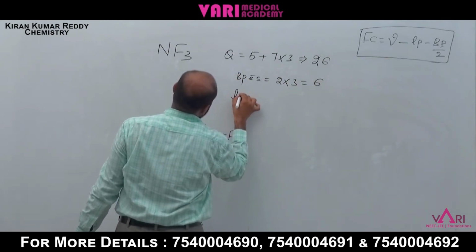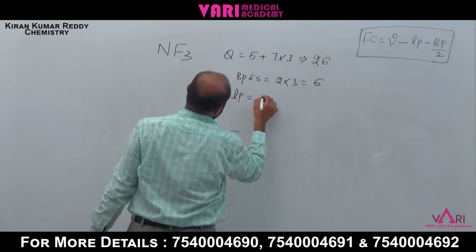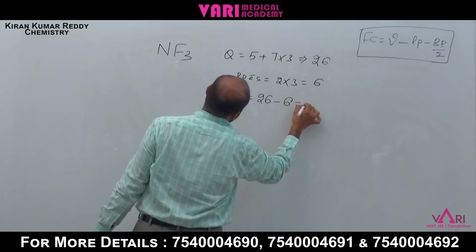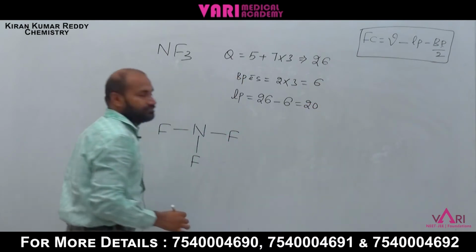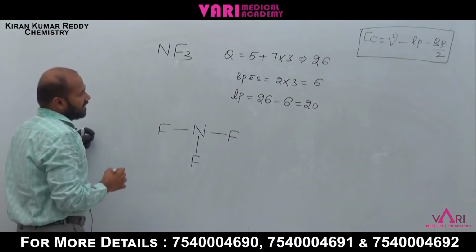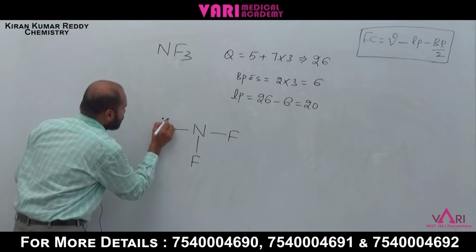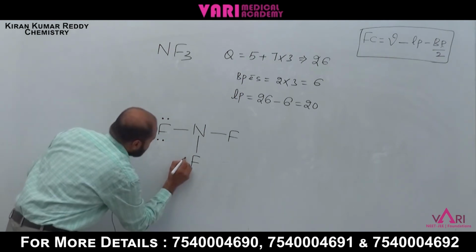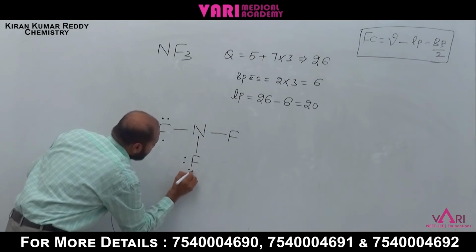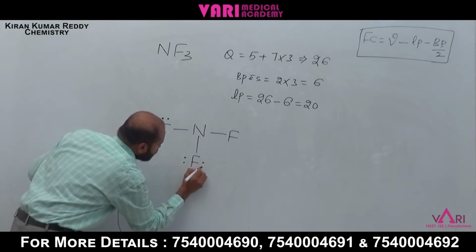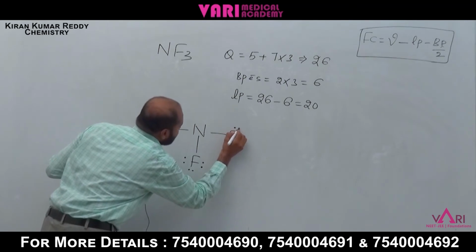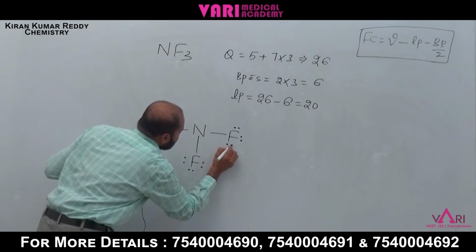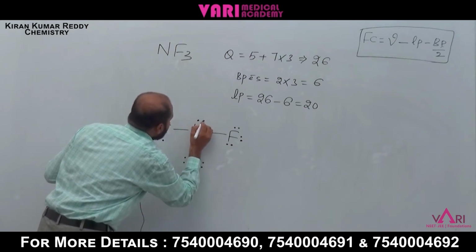Now the lone pairs: 26 minus 6, that is equal to 20. Writing 20 means 1, 2, 3, 4, 5, 6, 7, 8, 9, 10, 11, 12, 13, 14, 15, 16, 17, 18, 19, 20.